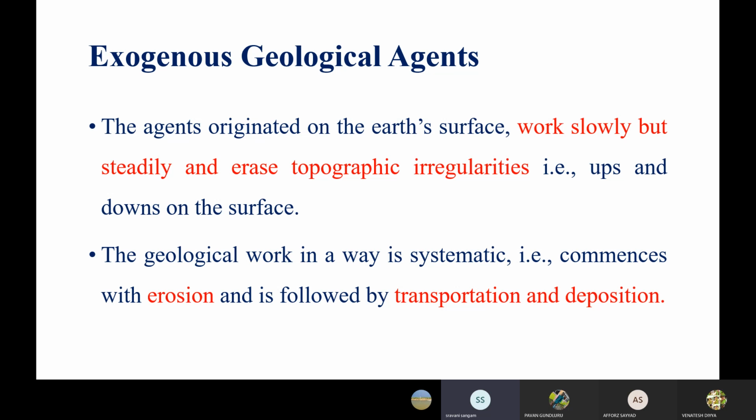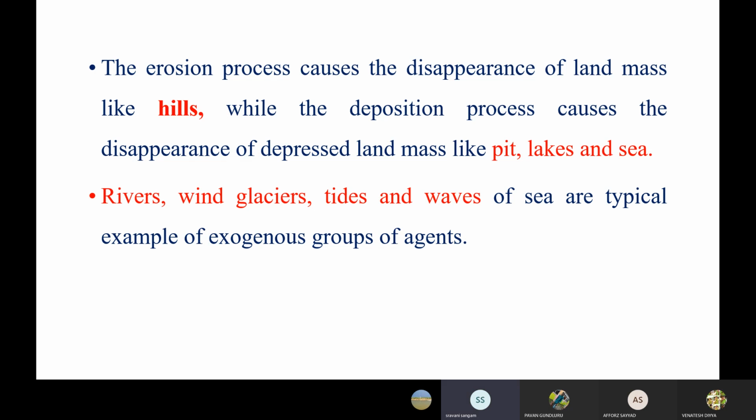Traveling we call transportation, and settling down at one point we call deposition. So mainly, when natural forces act on the earth surface, some erosion occurs, and those eroded particles travel for some time and deposit at one point. I will show you an example.